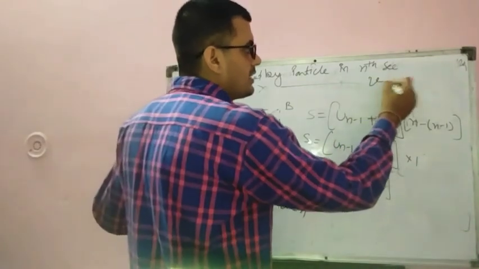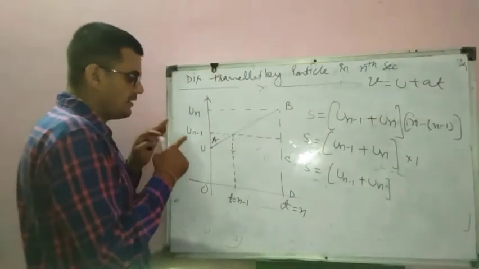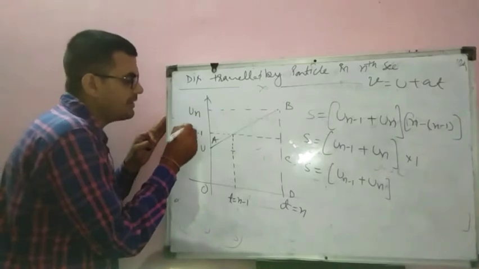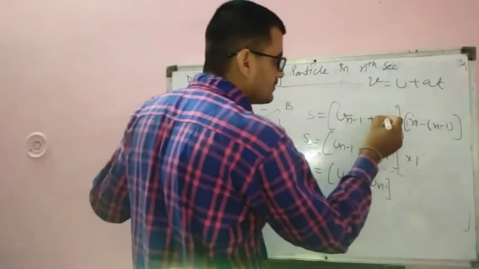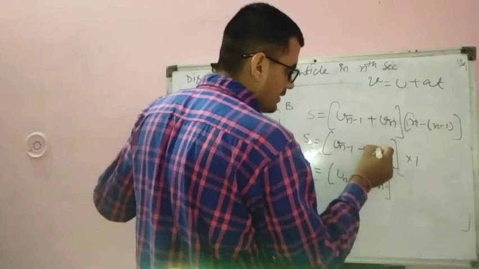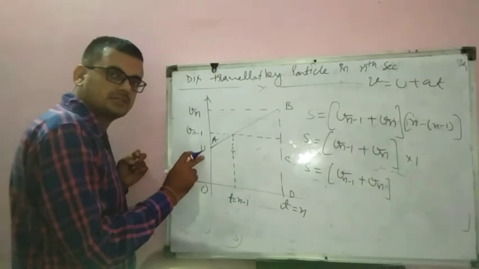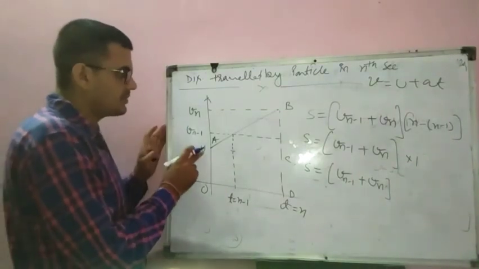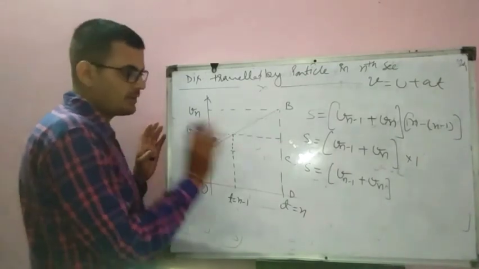Students, v equal to u plus at. Actually, students represent this by v; I have written it by mistake as u. Here we started with u, so that's why I wrote u here. You should write it as v(n-1) and vn.